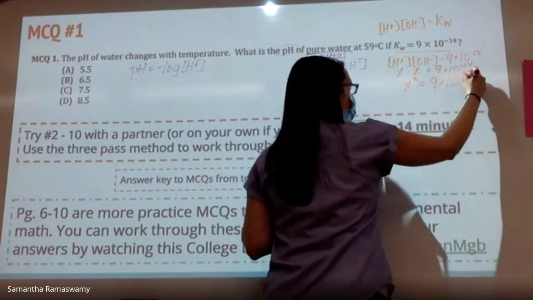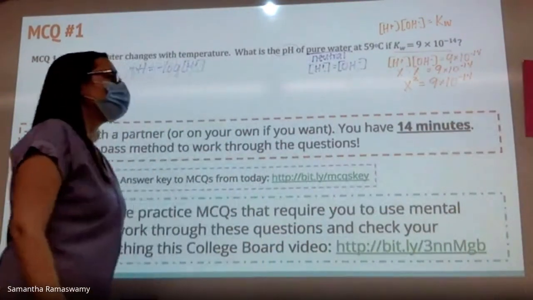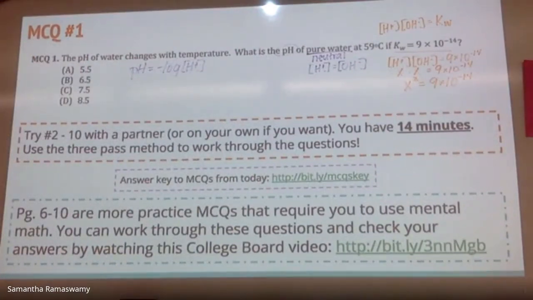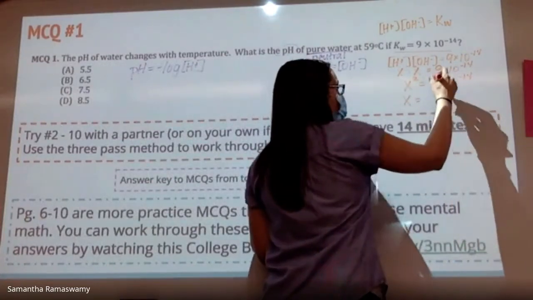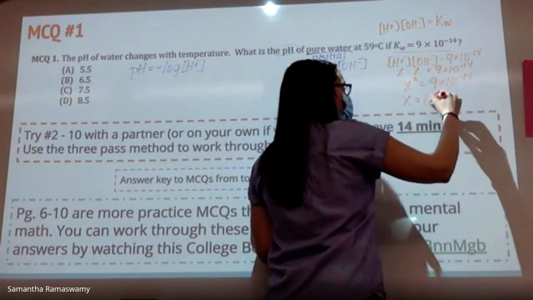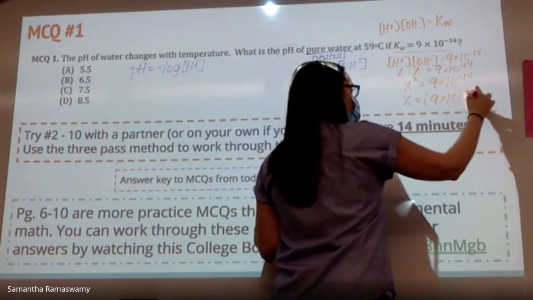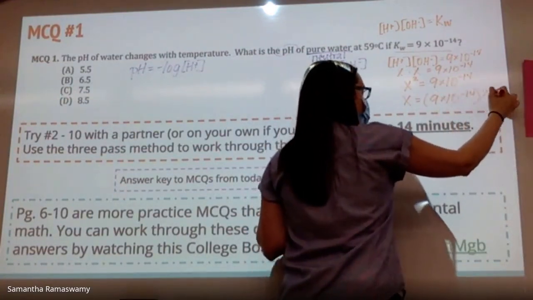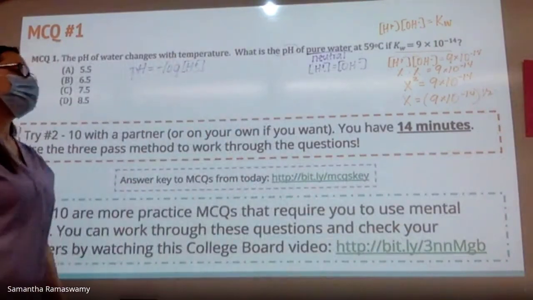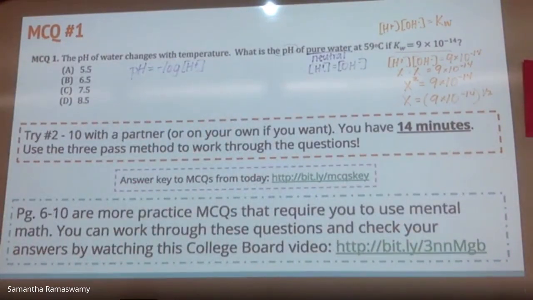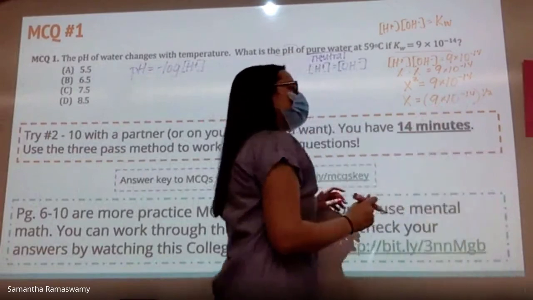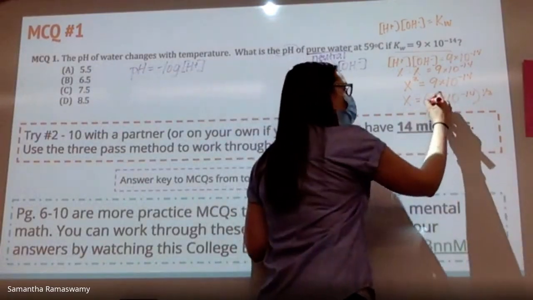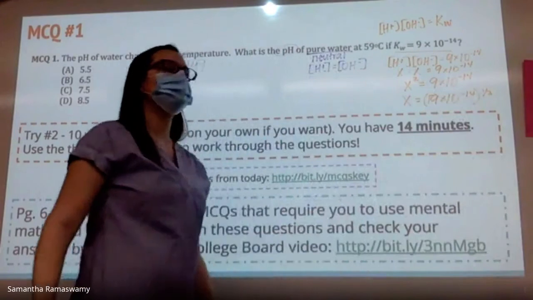Now here's where we're going to practice without a calculator. How do I solve for X? Take the square root. I'm going to write it this way to make the math a little bit easier. Taking the square root of something is taking something to the 1/2 power. When you take the square root of a scientific notation value, take the square root of the number in front of the multiplication symbol.